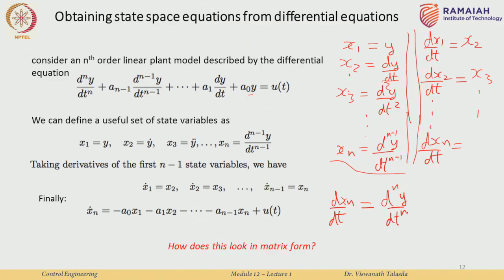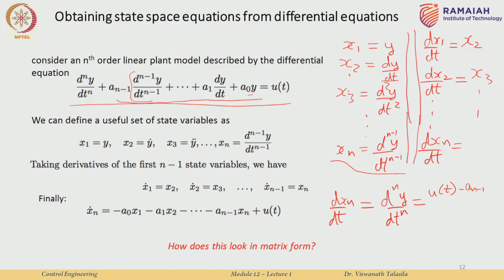And how do we derive this? We take a look at our basic differential equation where I have dny by dtn, the nth order derivative of y, and we rewrite this expression, as we have done for the mass spring example before, simply as u of t and take all these terms onto the right hand side. So, that becomes u of t minus a n minus 1.